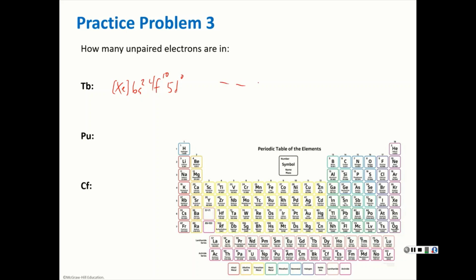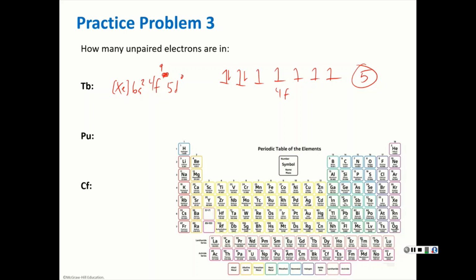We can write our 7 4f orbital partial orbital diagram. Excuse me, it should be 4f9, not 4f10. We have 9 electrons to put in: 1, 2, 3, 4, 5, 6, 7, 8, and 9. So 2 get paired up. That leaves a total of 5 unpaired.